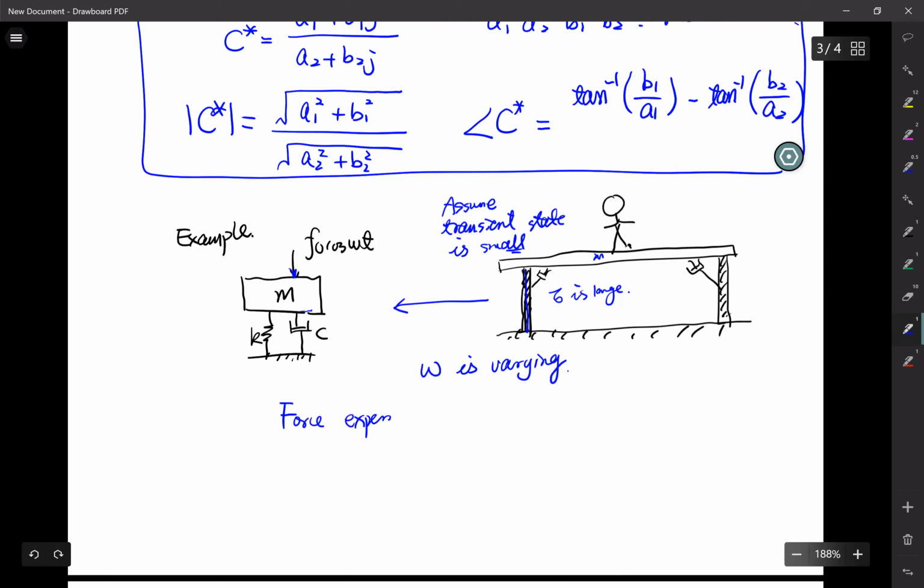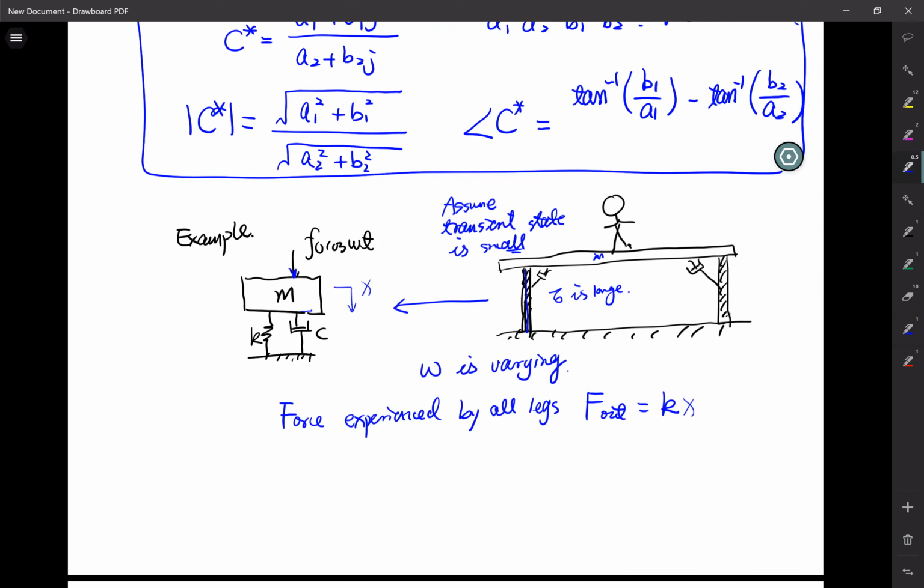So this force experienced by all legs, let's name it F output, equals K times X. Let's assume this is your X. That's Kx, right?